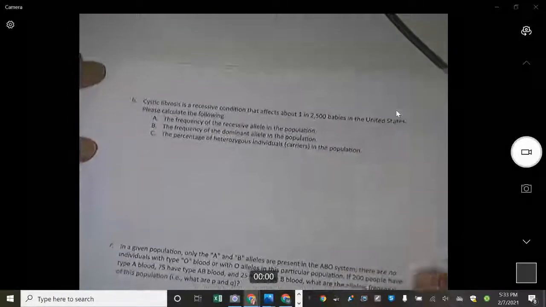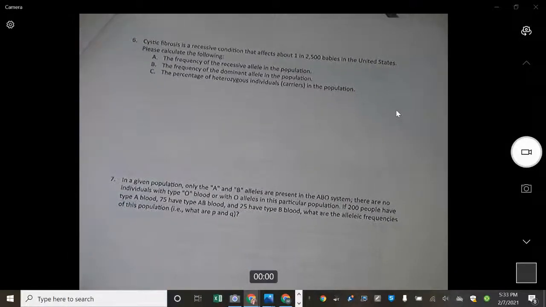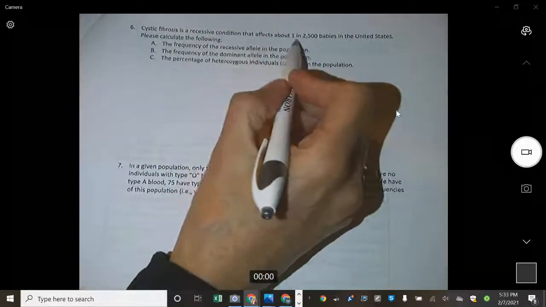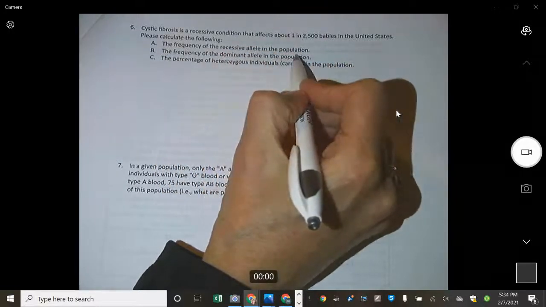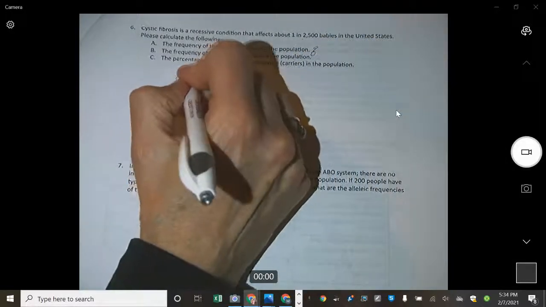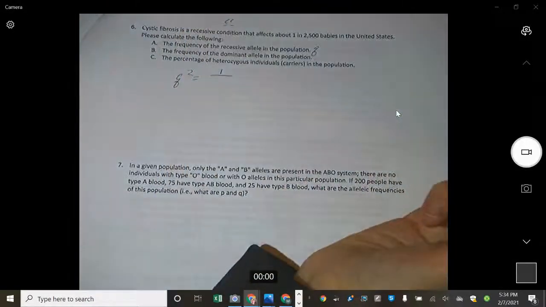Let's do it right on here. Another question about cystic fibrosis. Fairly common inherited disorder. It affects 1 out of 2,500 babies in the United States. Calculate the following. A, the frequency of the recessive allele in the population. So the recessive allele, that's just Q on its own. So I'm going to say Q squared equals the incidence of somebody who actually has the full recessive condition, little c.